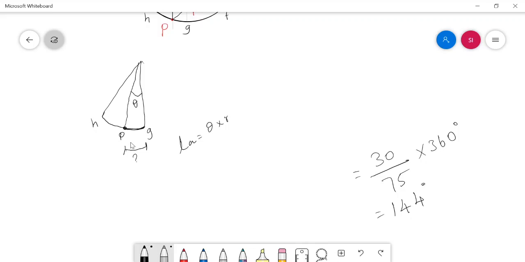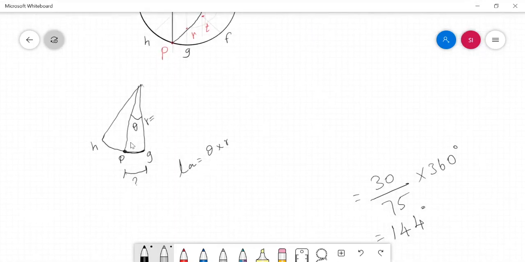After that, the radius of this sector is nothing but the radius of the base circle, that is 30 mm. And the LA is nothing but the arc length, that is the linear distance between the point G and point P. So the LA will be equal to the angle in radians into the R value 30.